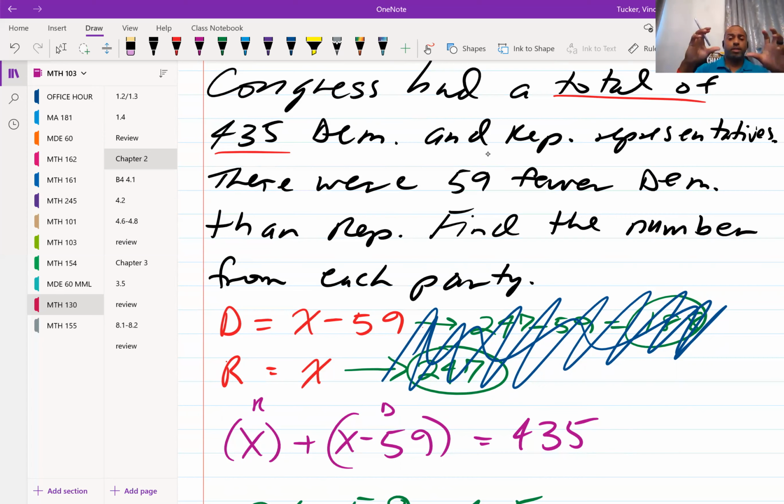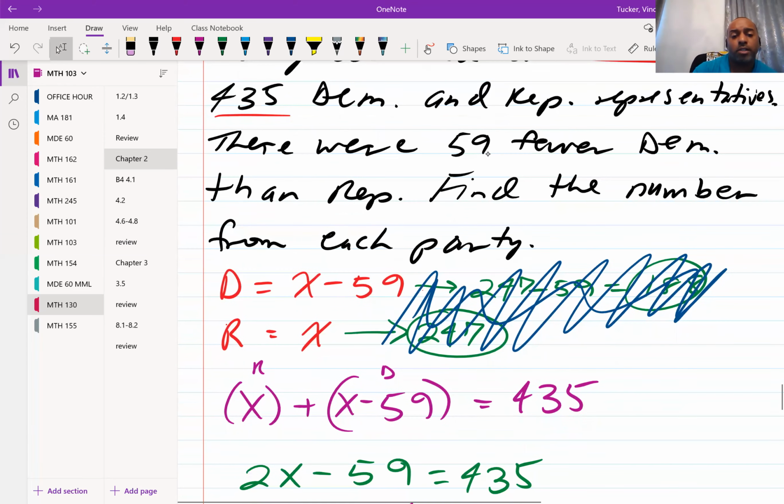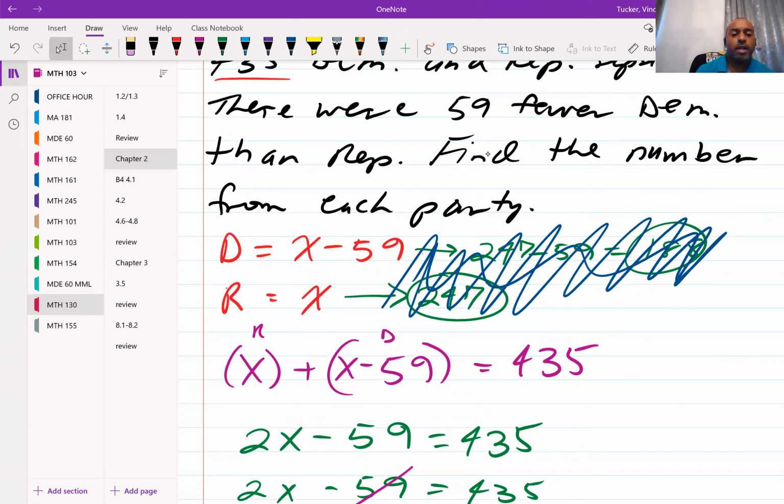So I just put the parentheses there just to signify, you know, X came from Republicans, X minus 59 came from the Democrats. Nothing's holding those parentheses there. So in order to solve, we can go ahead and combine like terms. X and X is 2X minus that 59.